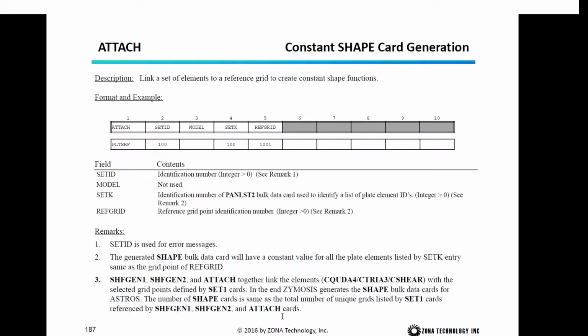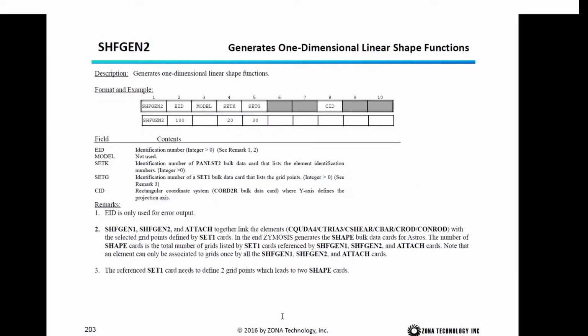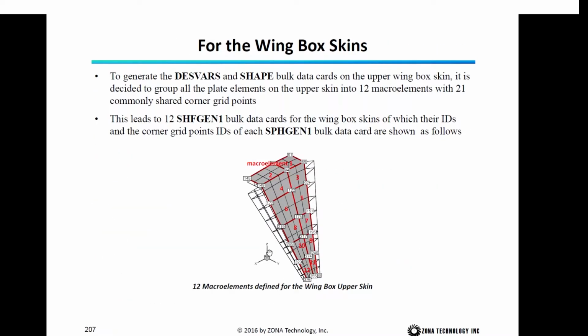To give you one example, if we have a wing skin here with about 65 C-4 elements, and we divide them into 12 macro elements, and we select 21 commonly shared grid points. At the end, we can generate 21 DESVAR cards, and each card will refer to a shape card.